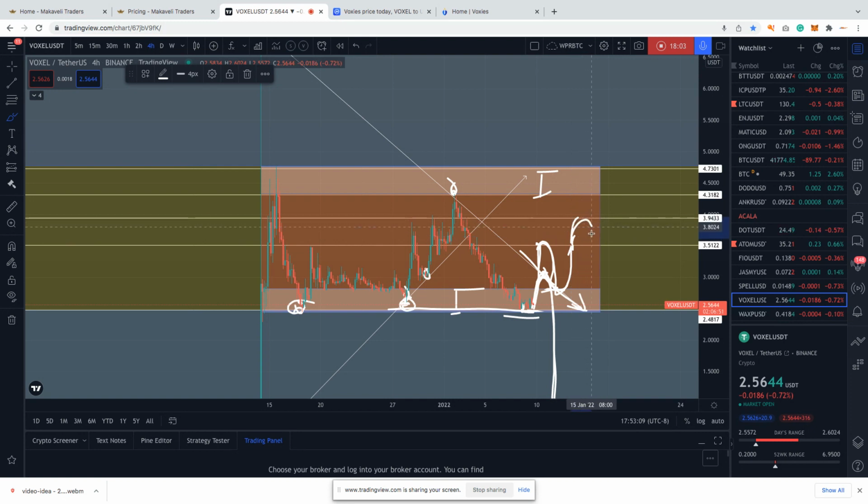And I see them coming back again and then going like this, right? So their main goal is, first of all, they need to get to 4.2 at least, to 4.7. By the time they get it, chances are high they will get rejected around that zone.